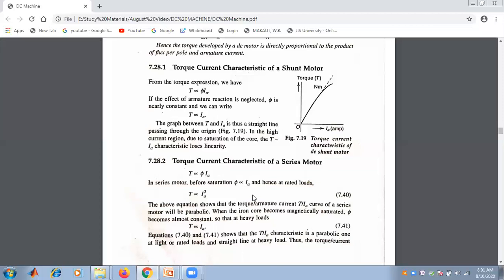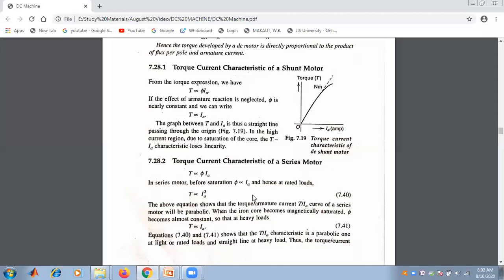So we all know, if I neglect the armature reaction, and if the field current IF is constant, phi is nearly constant.